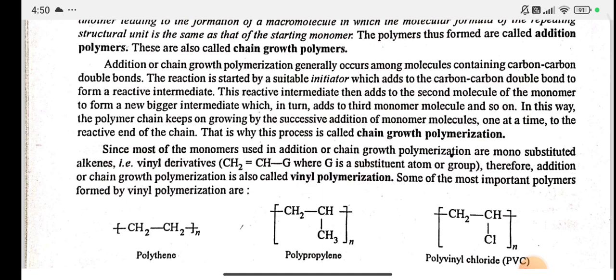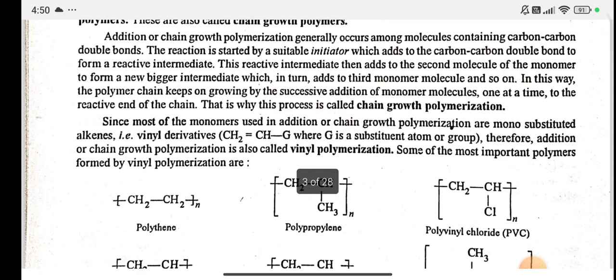In this way, the polymer chain keeps on growing by successive addition of monomer molecules one at a time to the reactive end of the chain. This is why the process is called chain growth polymerization.